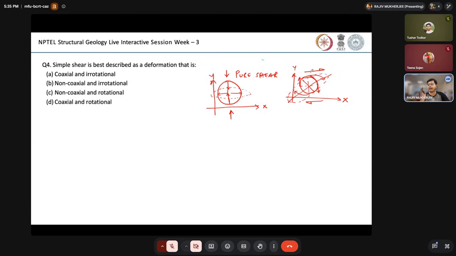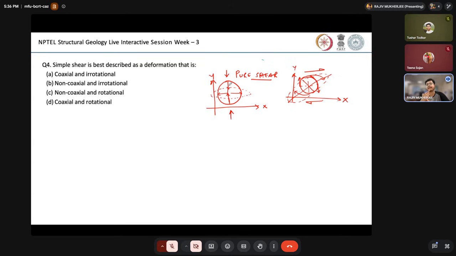Axiality means remaining parallel to the reference axis. So if you follow the pure shear component, then it is maintaining its axiality. That means the principal axis of strains are remaining parallel to the initial reference coordinate axis. But for simple shear, the principal axis of strains are not remaining parallel with respect to the initial reference coordinate axis.